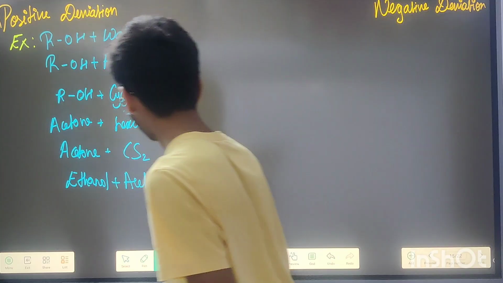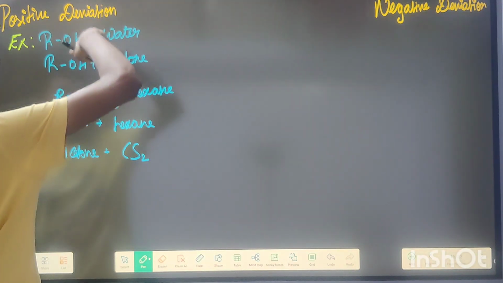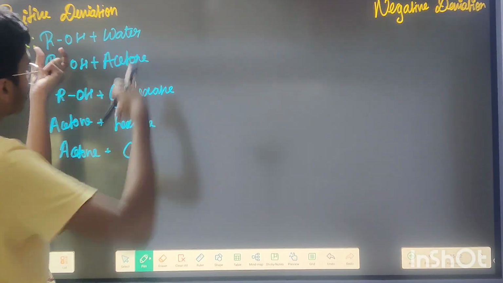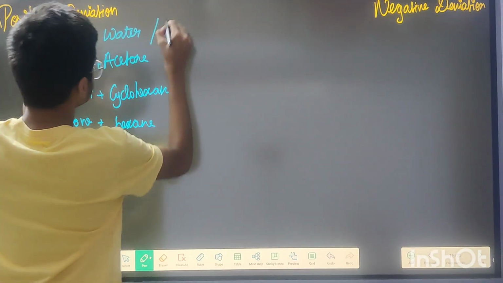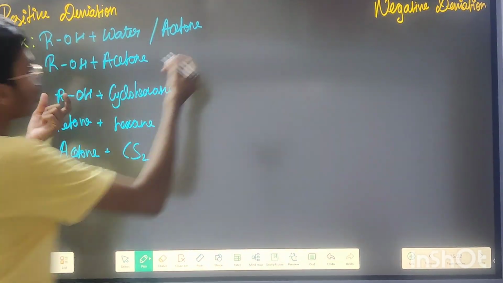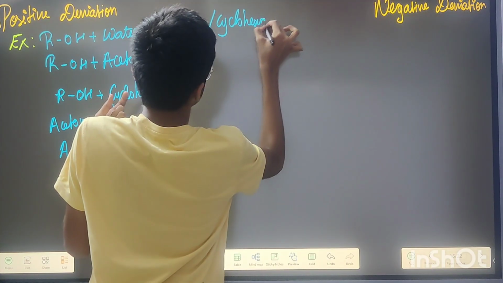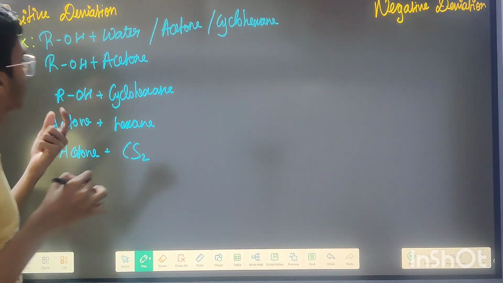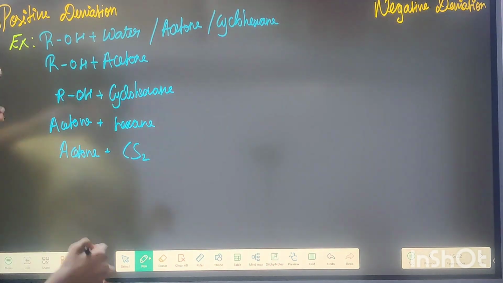So this one you can erase, and in place of this, whenever you are adding alcohol along with water, it is going to show positive deviation, or alcohol along with acetone, or also cyclohexane, it is going to show positive deviation only.